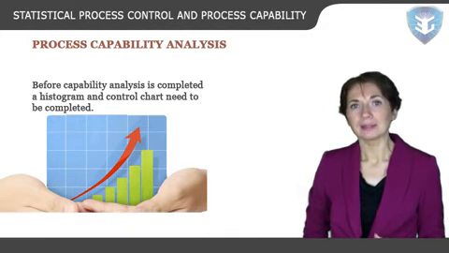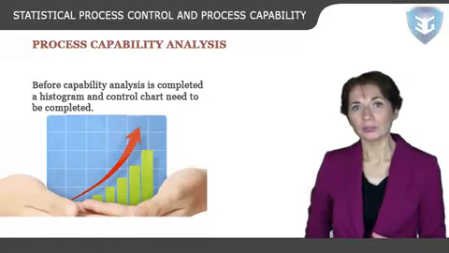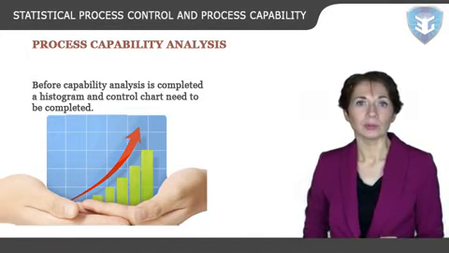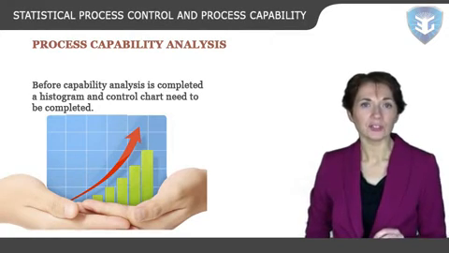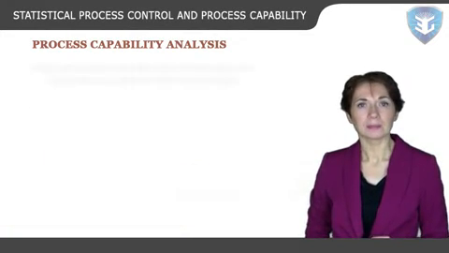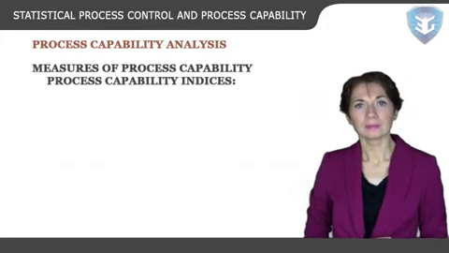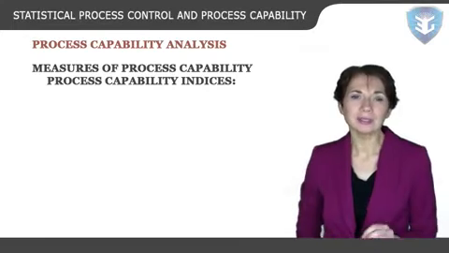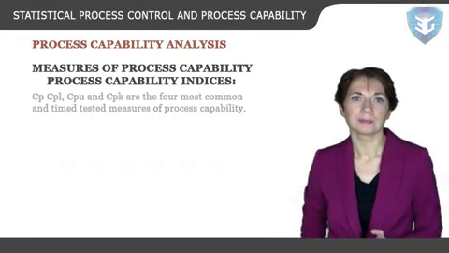Capability analysis is a set of calculations used to assess whether a system is statistically able to meet a set of specifications or requirements. Measures of the process capability. Process capability indices.